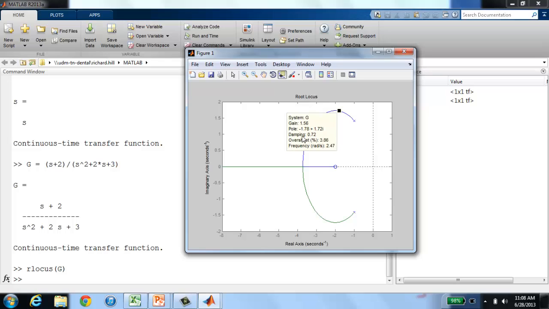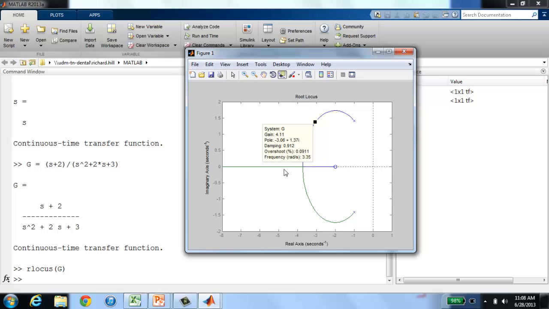So if we keep moving this cursor around, we can see that we have a pole that's close between these two locations here. There's a pole of -2.83 and there's a pole of -3.06.